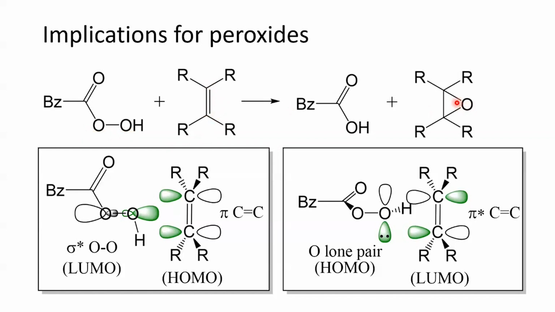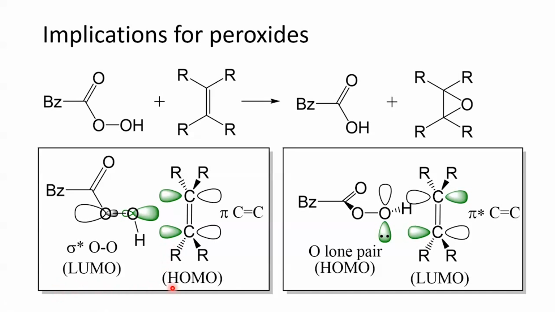New bonds that are going to form include these two carbon-oxygen bonds making up the epoxide. With that knowledge of the bonds that are going to break and the bonds that are going to form, we can think about the antibonding orbitals that are relevant to the reaction, as well as the orbitals associated with the atoms where new bonds are going to form. So that gives us our LUMO, antibonding orbitals, and HOMO, bonding orbitals.